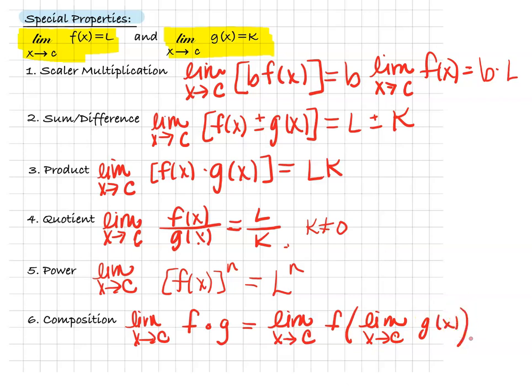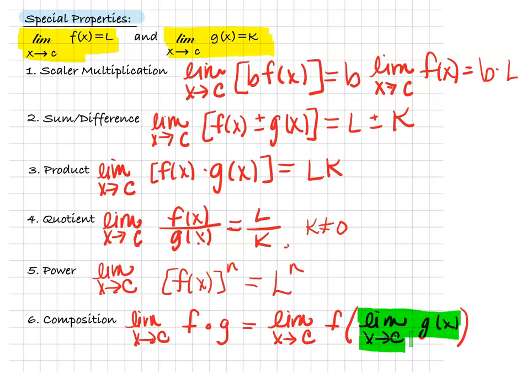So remember with compositions, if you've had me for previous courses, we always teach that the first one is your template, the second is your plugin. So you could compose that function and then take the limit, or an alternate way of dealing with compositions is working from your inside out. So you could go ahead and find your limit of g of x, that value being k, and then plug k into the limit of your f.